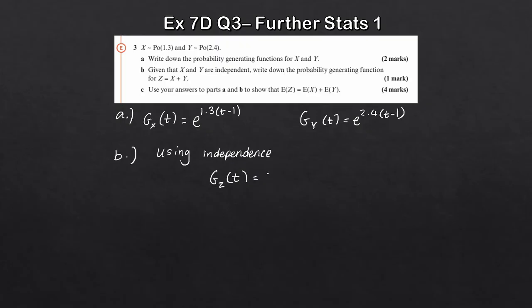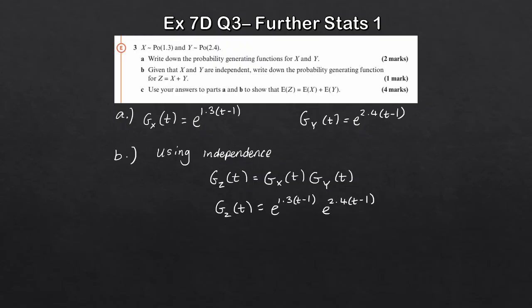If we write that down in full, that'll be e to the 1.3 bracket t minus 1 times e to the 2.4 (t minus 1).